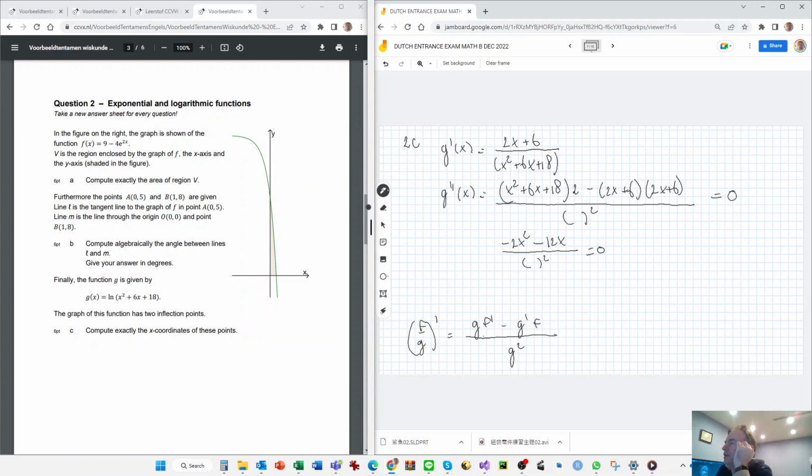And that means this numerator has to be 0, assuming that the denominator is not 0, which we have to check to be precise.